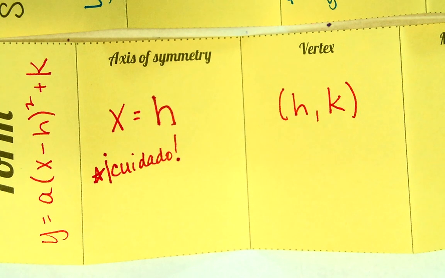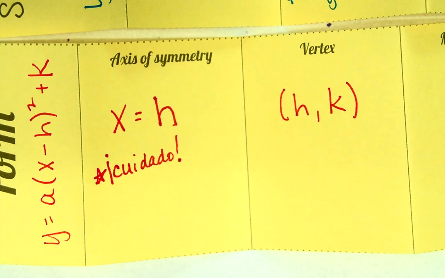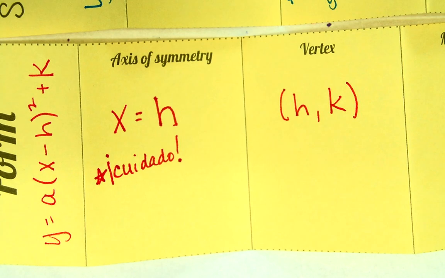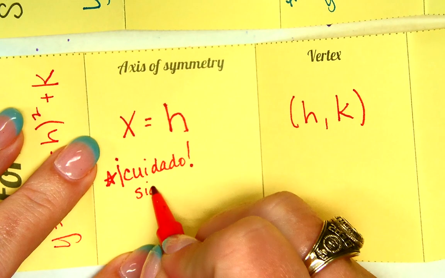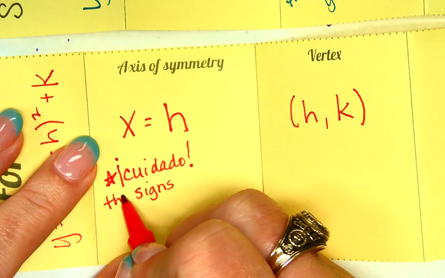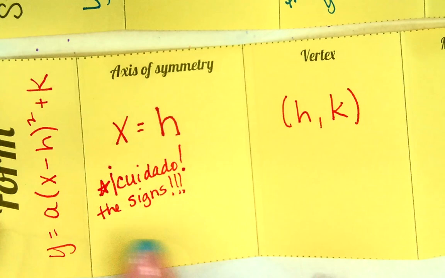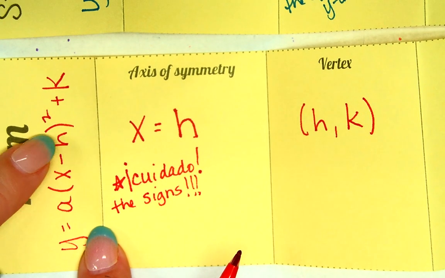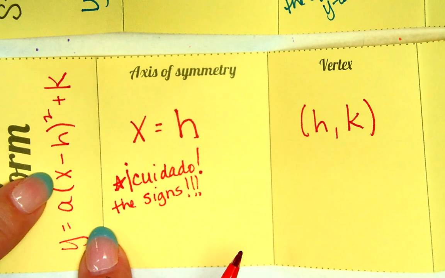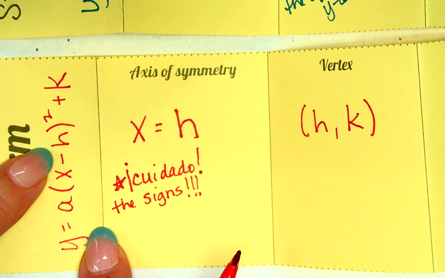Now, we need a star here. What does that mean? Do you know? Yeah, it's Spanish. Be careful. Caution. Cuidado. We have to be careful of the signs. What is in the formula? X minus h. So if this said x minus 2, what's h?